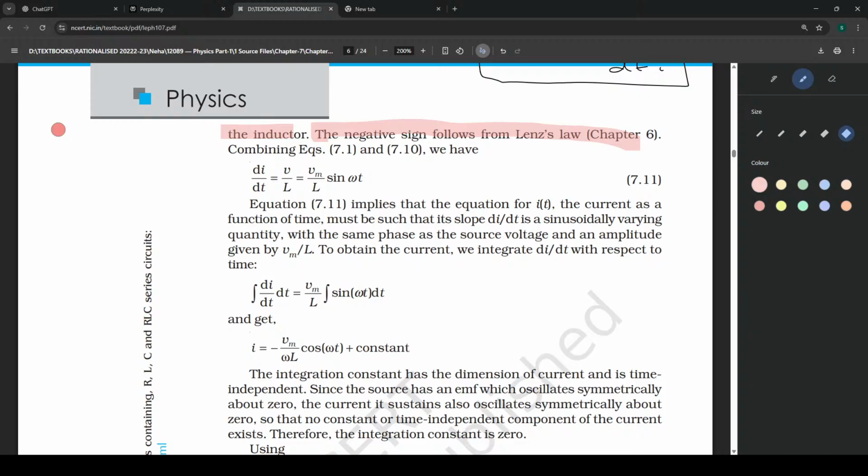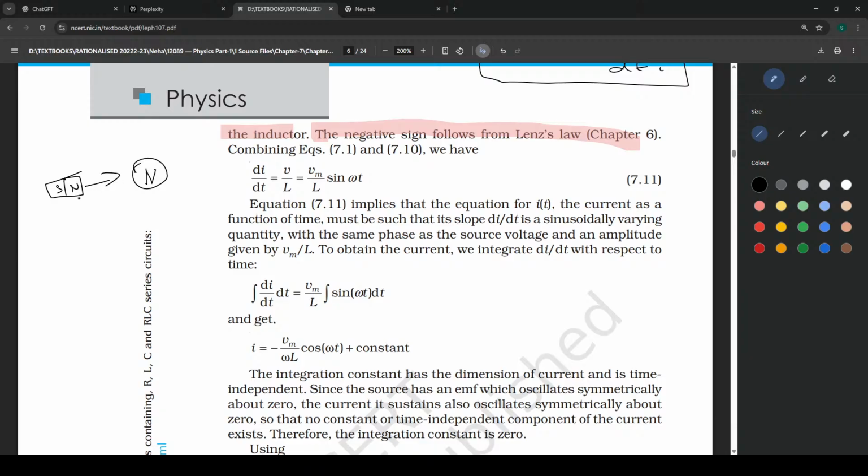Basically, if there is a coil like this, if we assume it's a closed coil and there's a magnet coming this way, the current will be induced in such a way that it will oppose the change in magnetic flux. How will it oppose the change? If we use the right hand thumb rule, it will create a north pole.